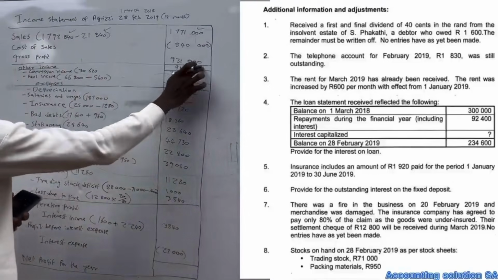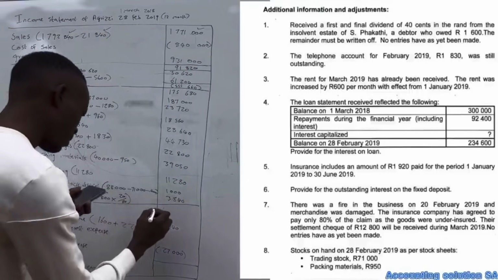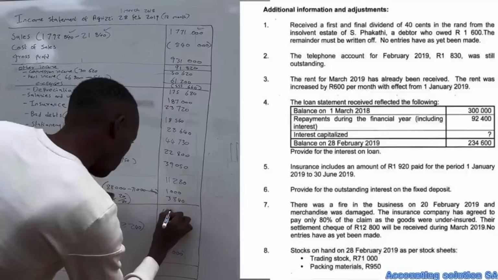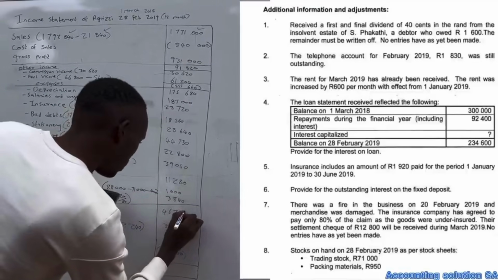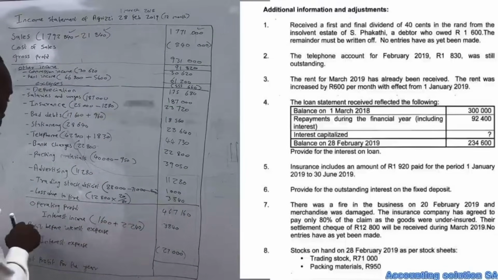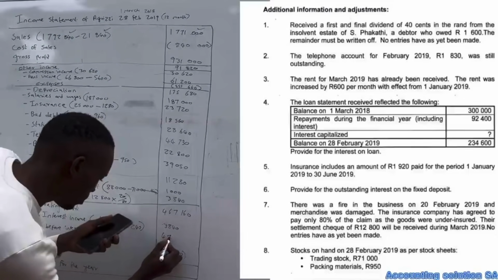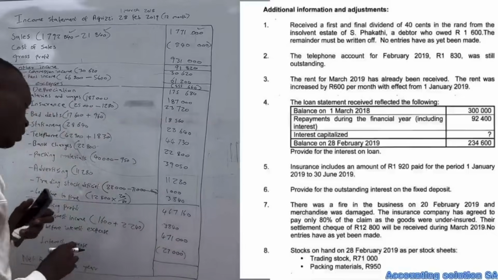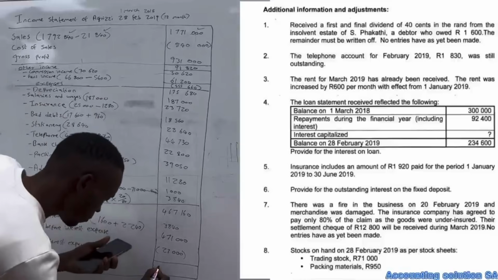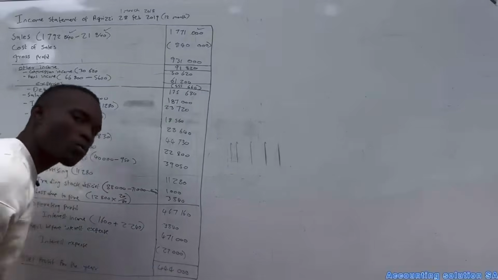You take income minus expenses, then you get operating profit of 467,160. After that you add interest income, then you get profit before interest expense, which is 471,000. Then you subtract interest expenses, and you get your net profit of 344,000. That's how we do it, guys.